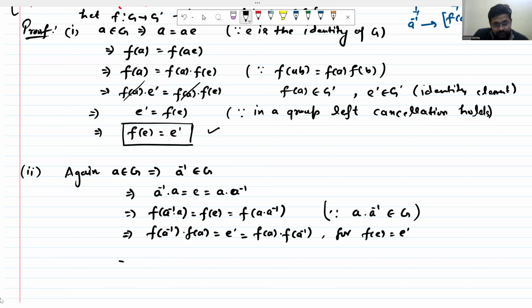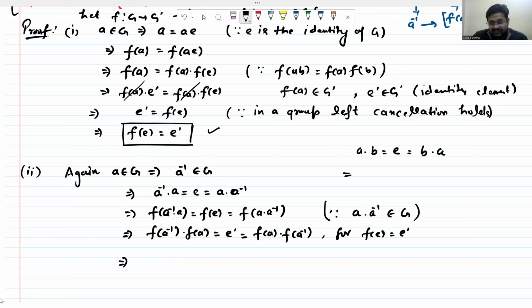Now, if there are two elements, say A and B, and you multiply them you get E, and if you commute them and multiply B first and then A, you also get the identity.